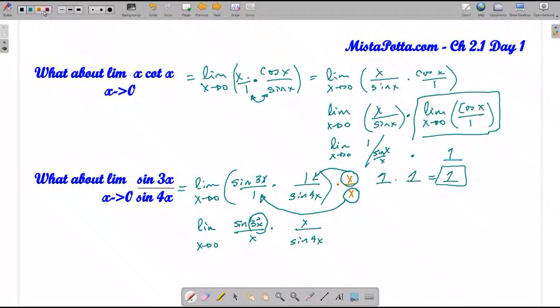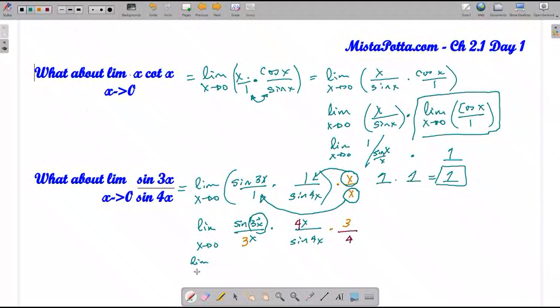But I can use this same clever form of 1, multiplying by 3 in the denominator and multiplying by 3 in the numerator. And similarly, I can make this angle match this by multiplying by 4 in the numerator and 4 in the denominator. And I use the property of limits.